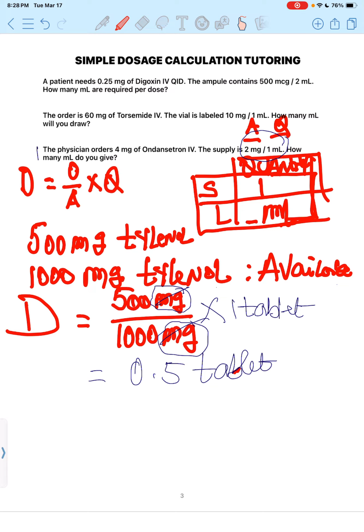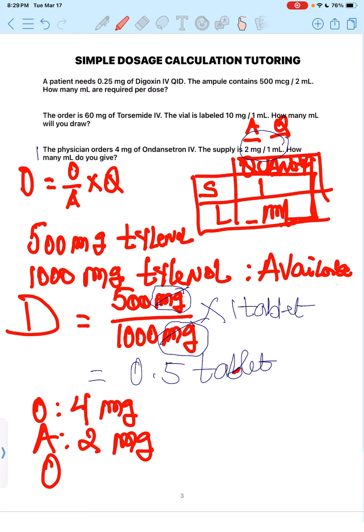So in this question right here, think about that. Your order equals 4 milligram. My available is 2 milligram, you see, it has to have the same unit. And your quantity equals 1 milliliter.